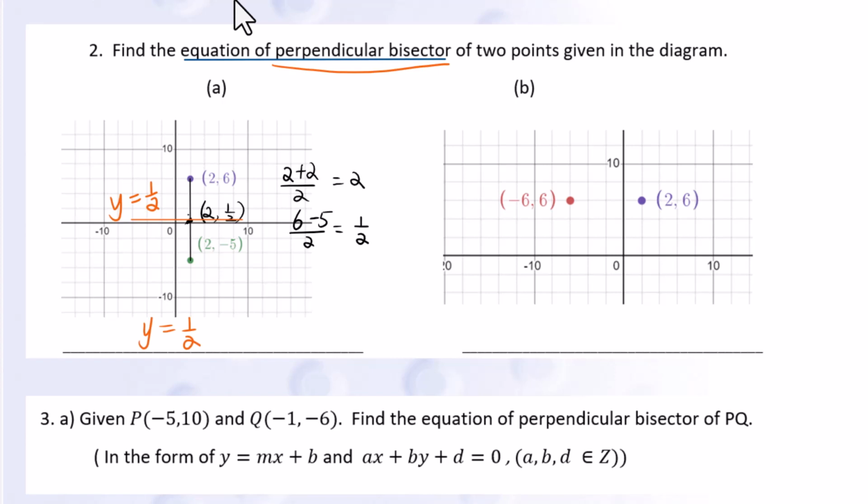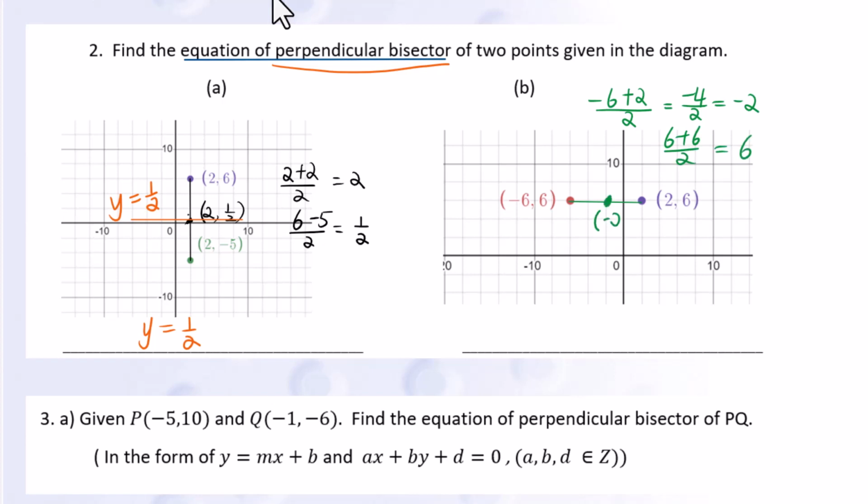Let's go to diagram B. We are given a horizontal line. The midpoint of these two given points is -6 plus 2 over 2, equals negative 4 over 2, equals negative 2. 6 plus 6 over 2 equals 6.